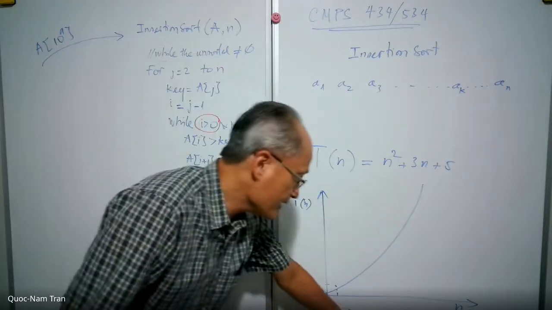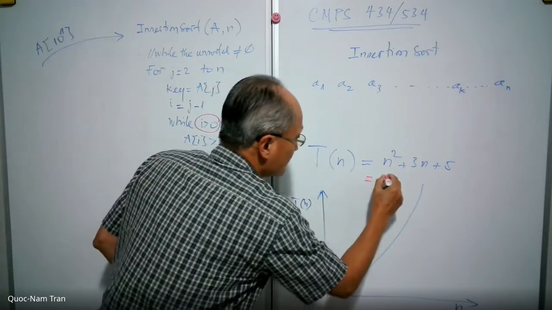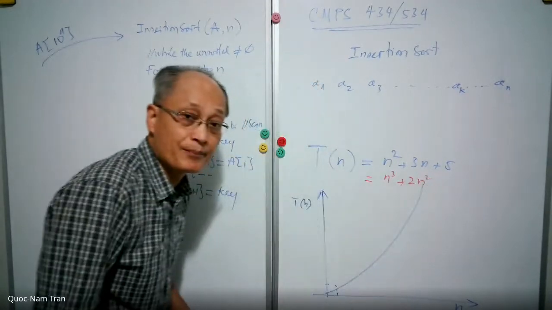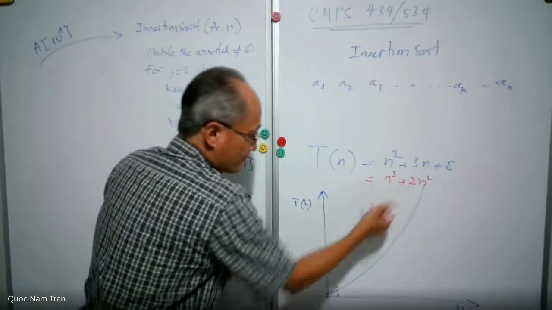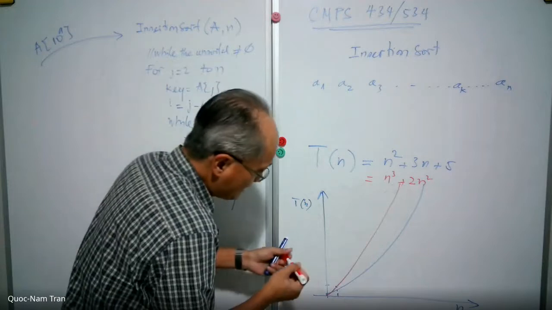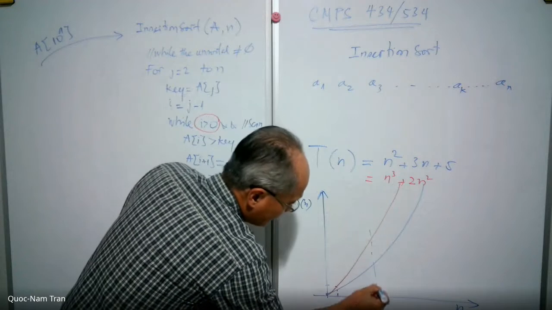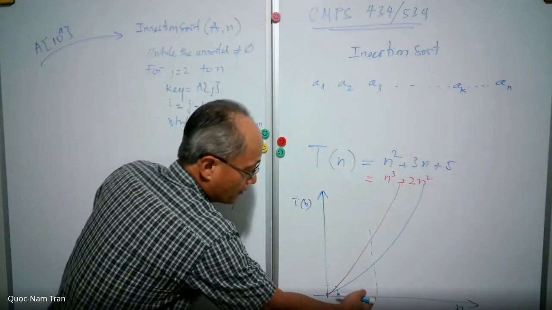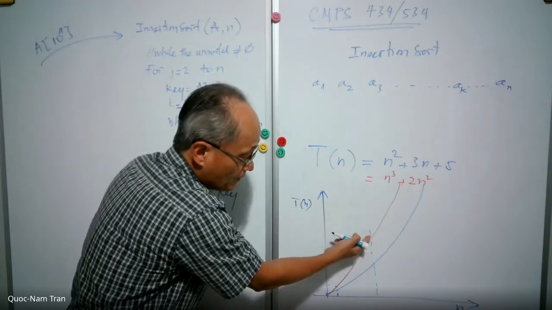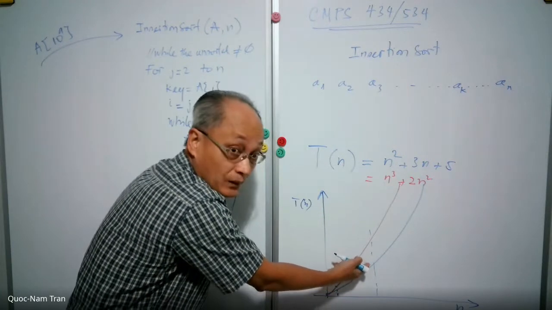If we have another algorithm, in which T(n) is n cubed plus 2n squared, for example, then when we plot this function, it will go like this. So at any point, when we look at a certain input size, we know that this algorithm, the cubic one, will take longer than the quadratic one, right?